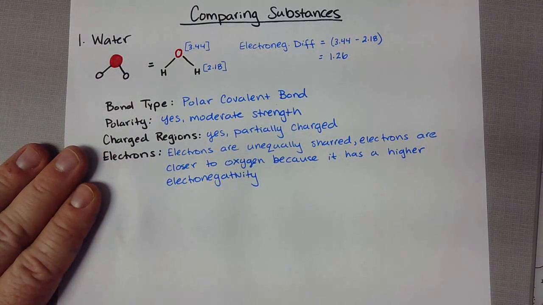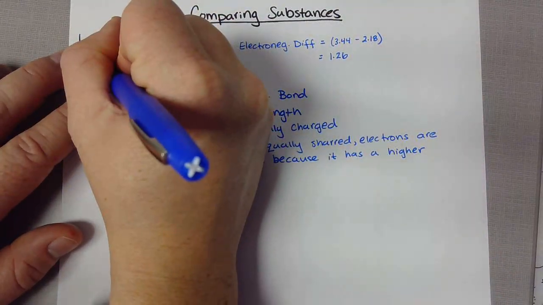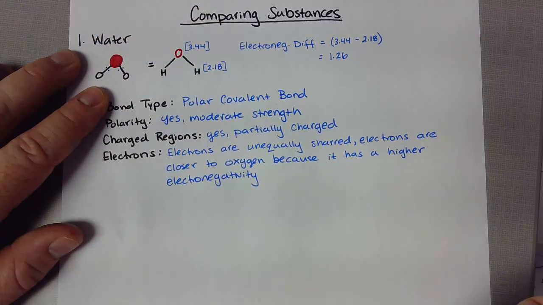So drawing those on the bonds, a little bit of a skill. Each bond represents two electrons. The electrons are on the bond, but they're going to be closer to that red atom.